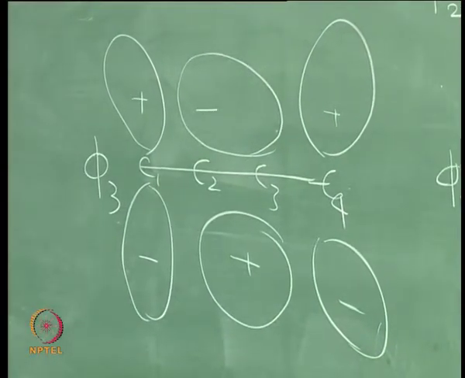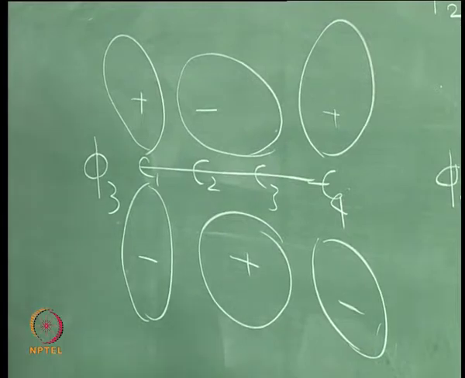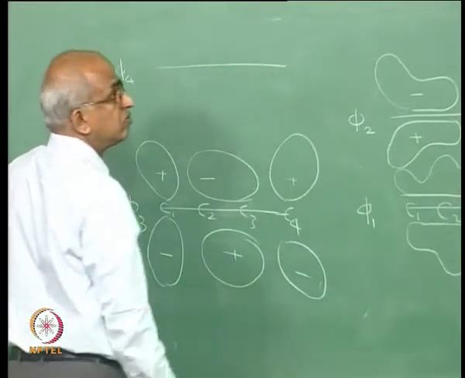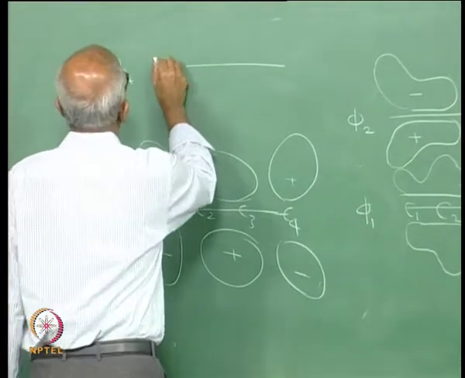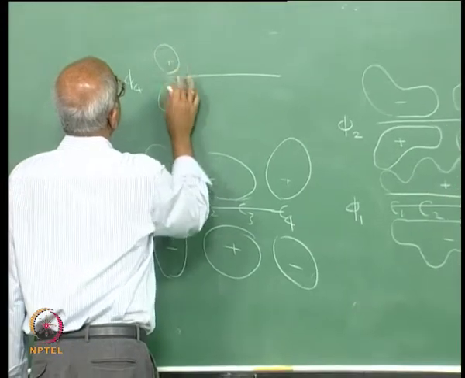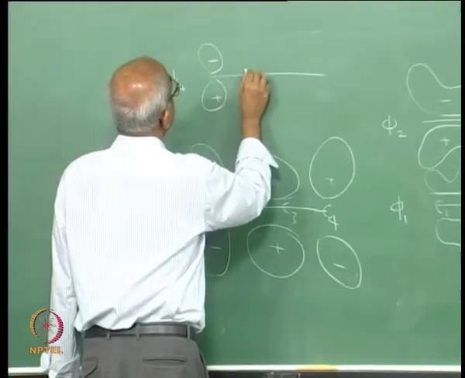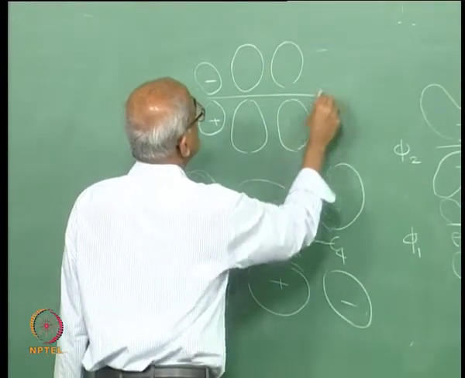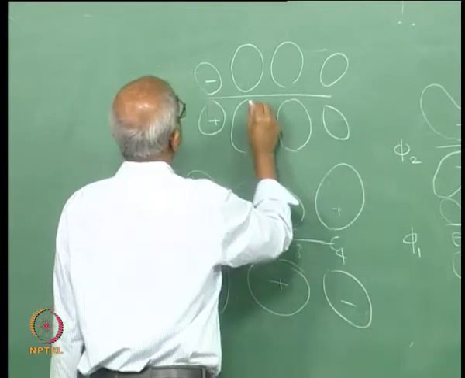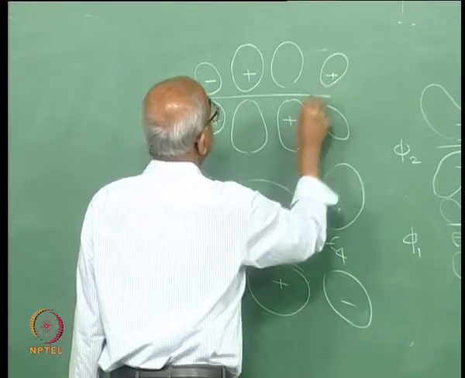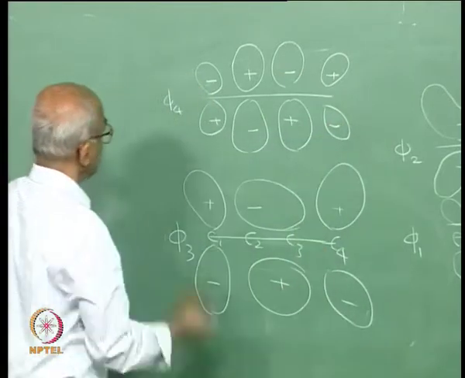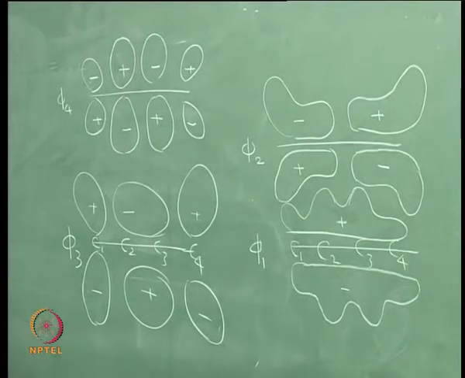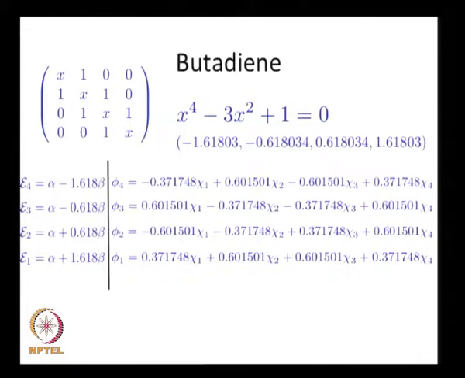You can draw this by just looking at the coefficients and then making appropriate analysis. And finally, phi 4. So, that is phi 4. These things can be easily drawn by just looking at the expressions for the molecular orbitals in terms of the atomic orbitals.